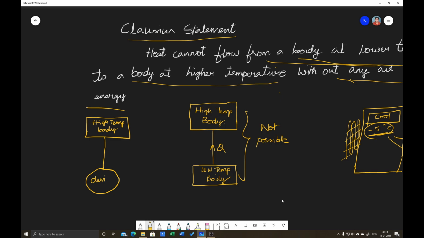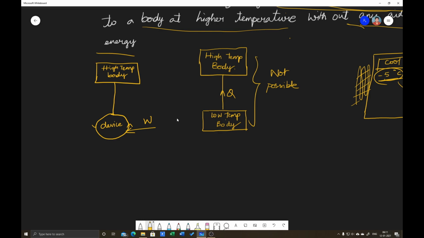This is the device which is a refrigerator in this case. It will take some work, and it will supply heat from a lower temperature body to a higher temperature body.